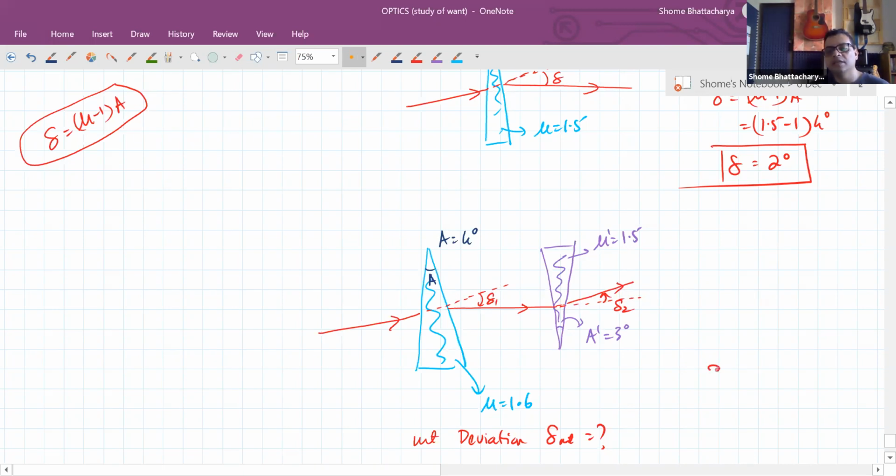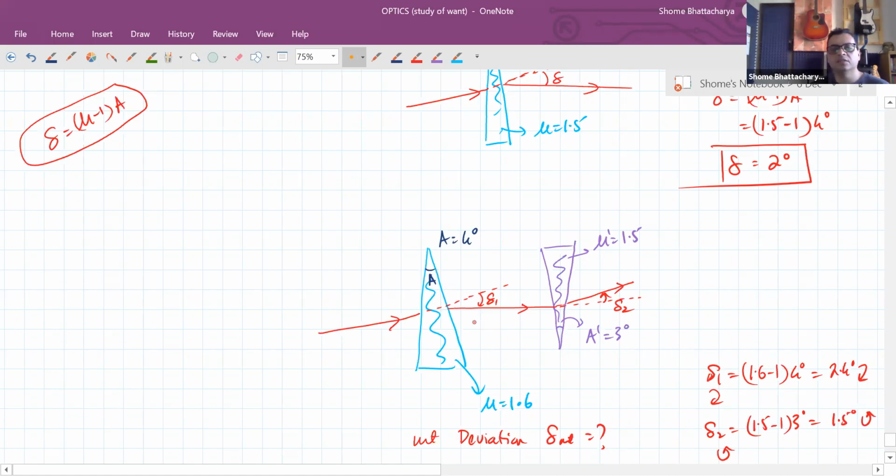So delta 1 you can see is a clockwise deviation of (1.6 minus 1) into 4 degrees. So it is 2.4 degrees but clockwise, and delta 2 will be a deviation of (1.5 minus 1) into 3 degrees but anti-clockwise. So it will be 1.5 degrees anti-clockwise.